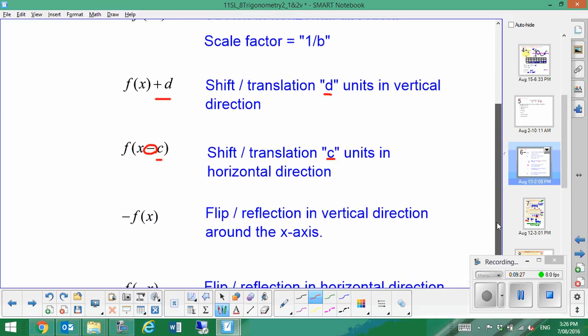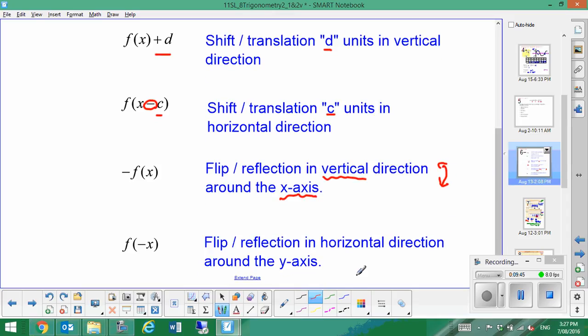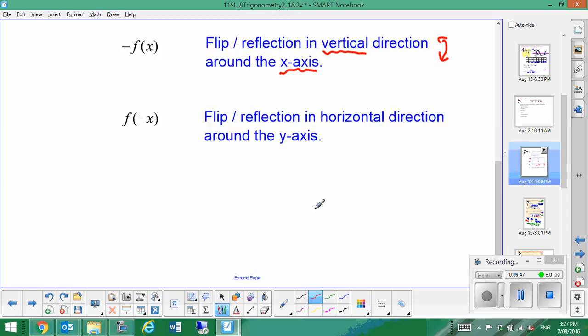The other ones we looked at: if you put a minus sign in front of the whole function, that flips it in the vertical direction, so it's around the x-axis. It's flipping up and down vertically. Whereas if you have a minus in front of the x, it's a horizontal flip around the y-axis. So you're flipping it left to right instead of up and down.